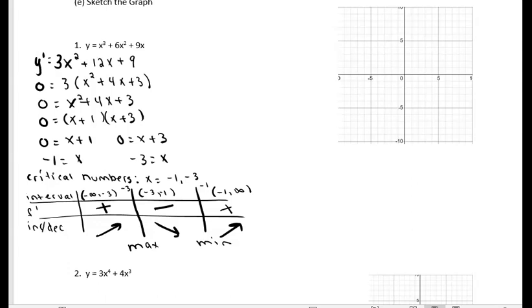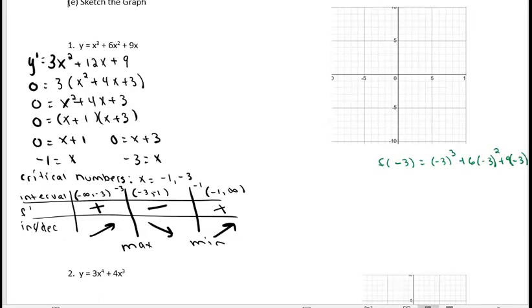So let's look and see if we can figure out f of -3. So that will look like -3 to the third plus 6 times -3 squared plus 9 times -3. So we need to figure this all out so that we can see what our coordinate is. If we have -3 to the third, that means -3 times -3 times -3. And if we multiply that all through, we'll get -27. -3 times -3 is +9.